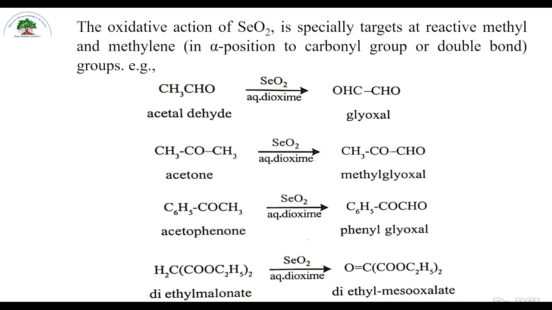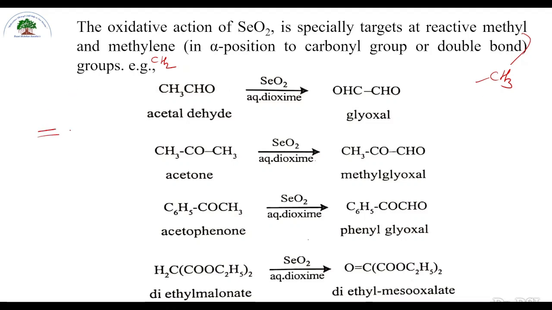The oxidative action of selenium dioxide, SeO2, especially targets reactive methyl and methylene. Methylene means CH2 and methyl means CH3. So these are the two targets for oxidation. Selenium dioxide oxidizes this methylene and methyl in alpha position to a carbonyl group or double bond.